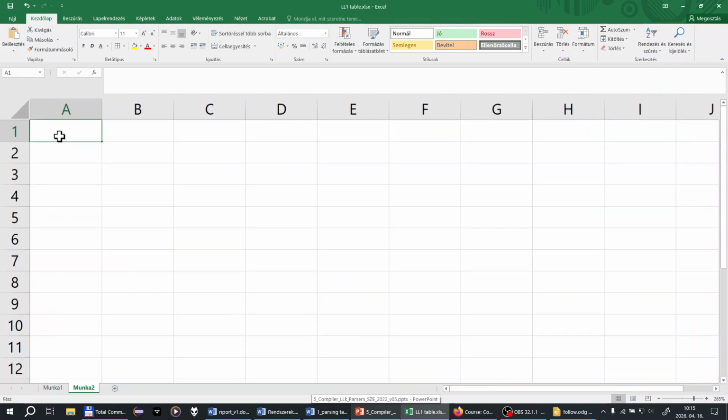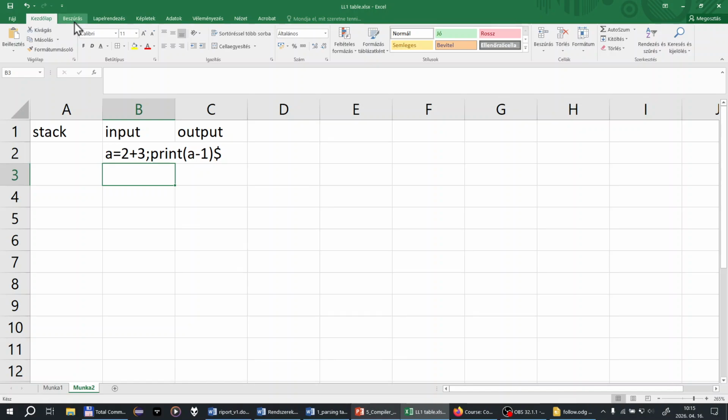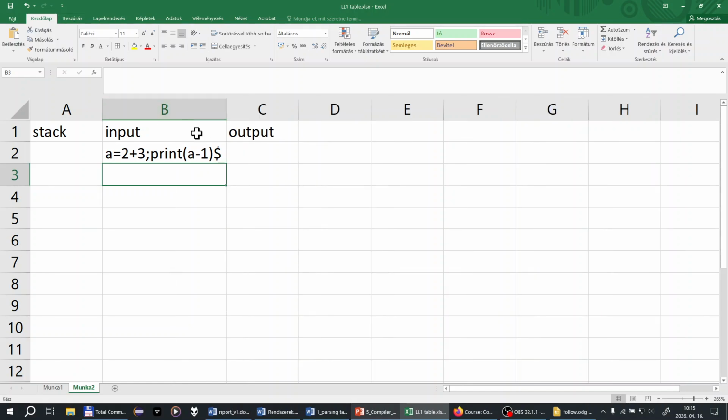So we have the stack, the input, and the output. The input contains the series of symbols at the input and also a dollar sign at the end. The stack contains the initial symbol and the dollar sign.